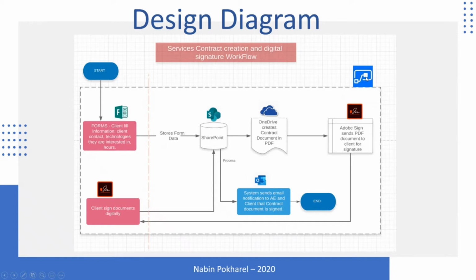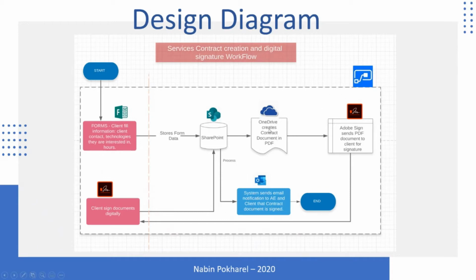And we can see Power Automate over here. So we are at the SharePoint step. Basically, we store Forms data into SharePoint at first. When that data is stored in SharePoint, it will be passed to OneDrive. In OneDrive, first we create an HTML document, or contract in HTML file format, and later we convert that HTML file type into PDF.